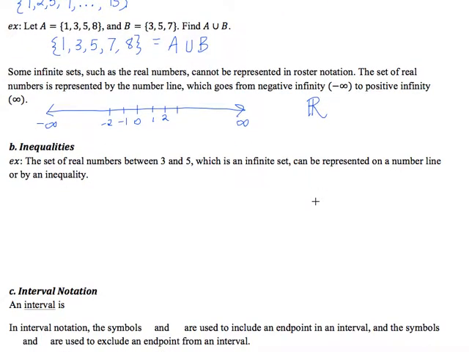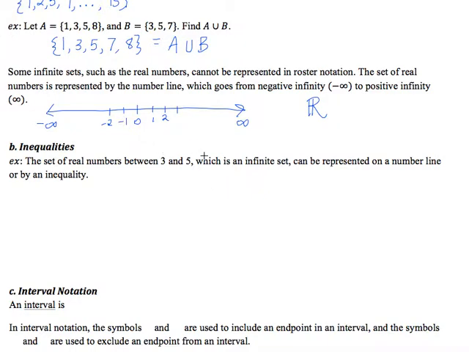Okay, inequalities is the next notation type, and it's a good way to represent typically sets that are infinite, and it's usually used to represent real numbers that are between two other numbers. For example, the set of real numbers between 3 and 5, well, that's an infinite set because there's infinitely many decimal numbers and fractions in between 3 and 5.